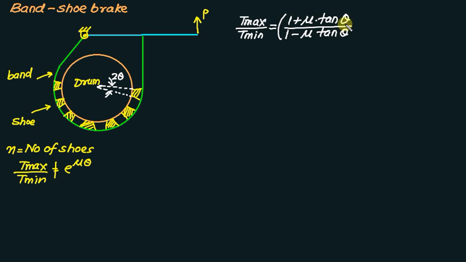This is for one shoe, and if we have n number of shoes, it will be given by the power n. So this is the only difference between T max and T minimum. Let us assume that the drum is rotating in a clockwise direction. In that case, this is the value of T max, and this is the value of T minimum.